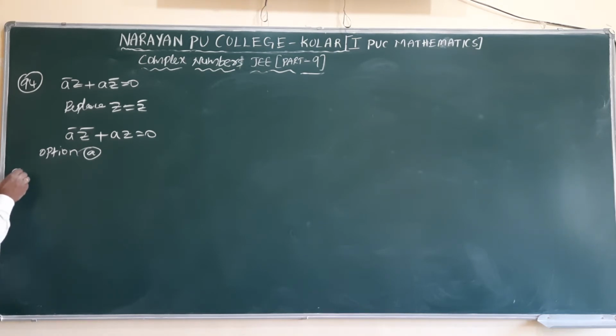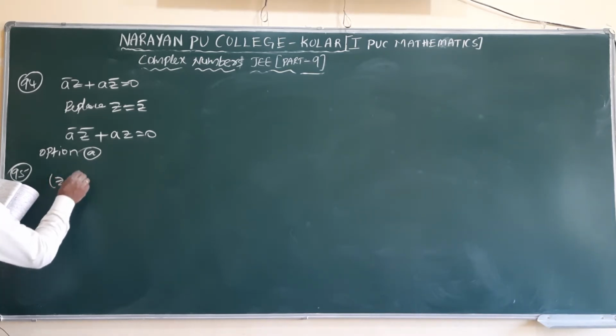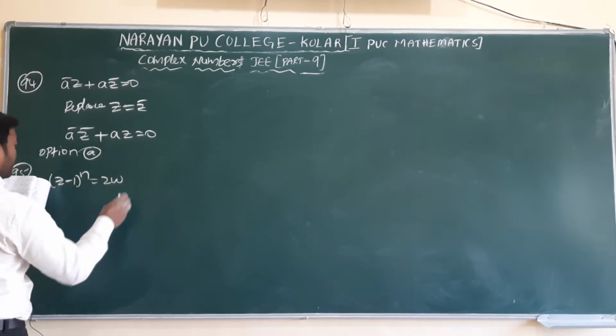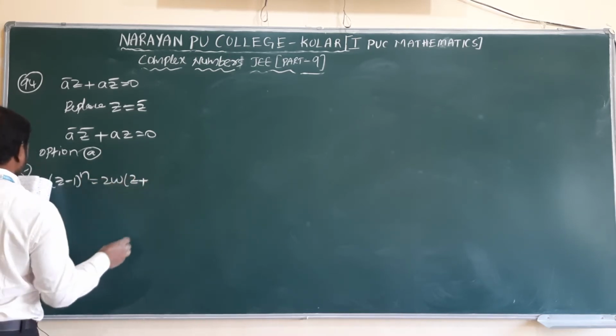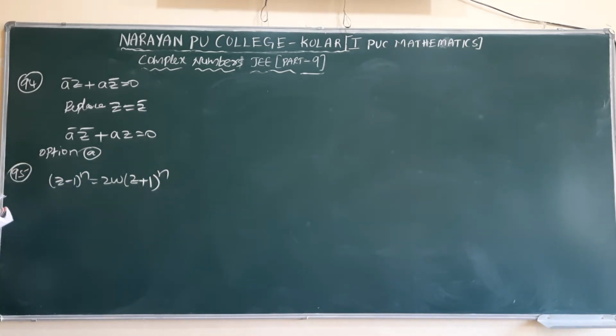Next question, question number 95. The roots of (z minus 1) whole power n is equal to 2 omega (z plus 1) whole power n, where n is greater than or equal to 3 and omega is the imaginary cube root of unity, are plotted in the Argand plane. Then the roots are lying on what?